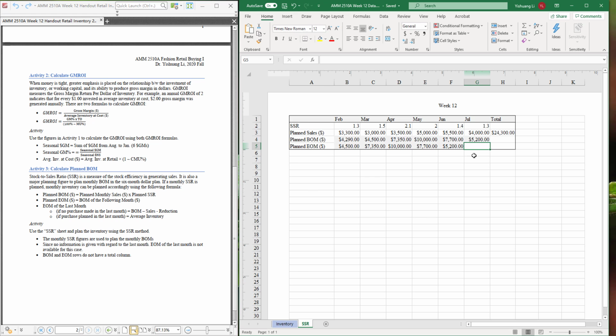Depending on which method we use, the number would be different here. So for this reason, we just leave it blank. And next week, when we are actually doing the dollar plan, we will mention it. That's everything for this week.